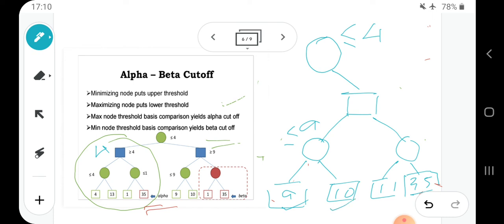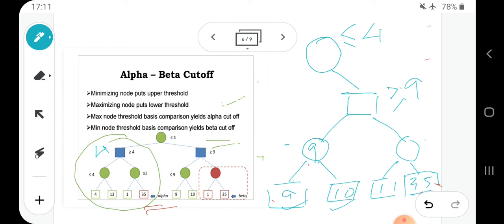So we will go for this evaluation also. Since it is 10, the value which is finally consolidated over here from thresholding is 9. So once we get 9 over here, as you know, this one is the maximizing node, so it will fix a threshold greater than or equal to 9.